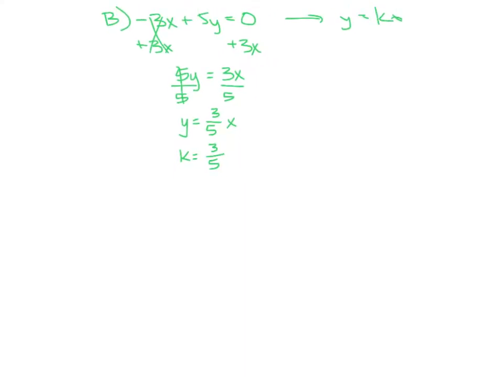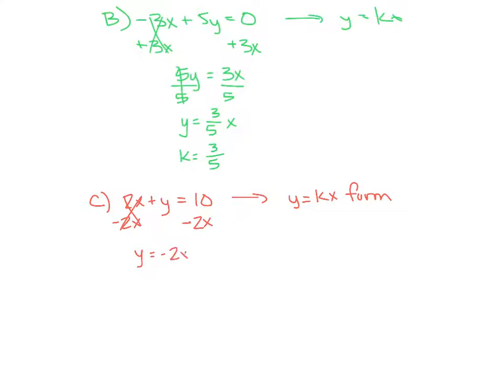C. 2x plus y equals 10. We have to get it in y equals kx form first. Remember, we have to solve for y, so we move this to the other side by subtracting, and we get y equals negative 2x plus 10.